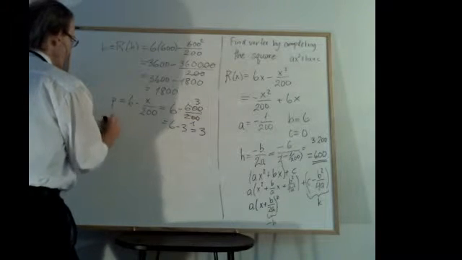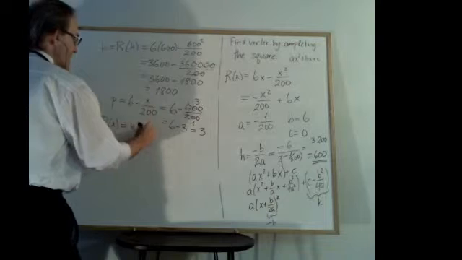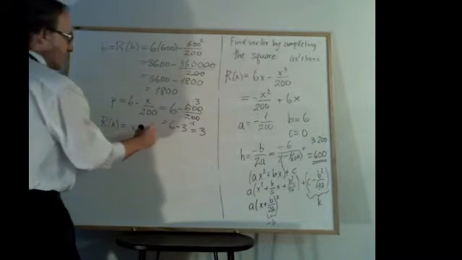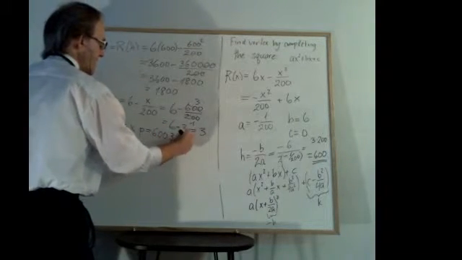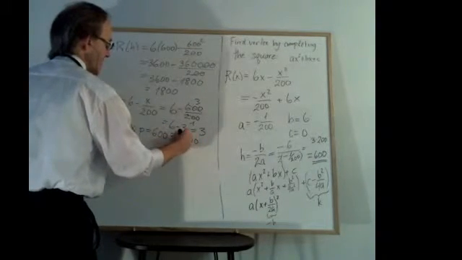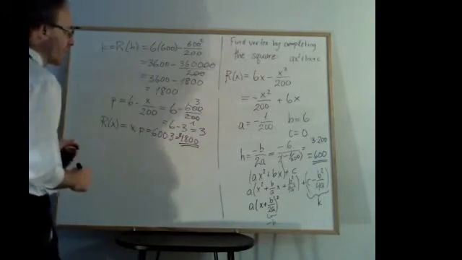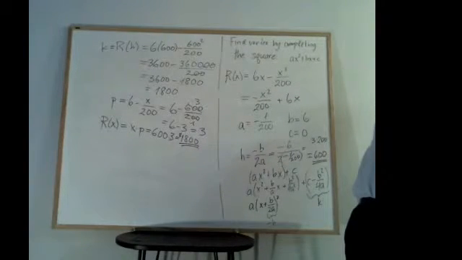The revenue function is x times p. The value of x that I found was 600. The price is 3, so that does give me 1,800. So the maximum revenue is $1,800.